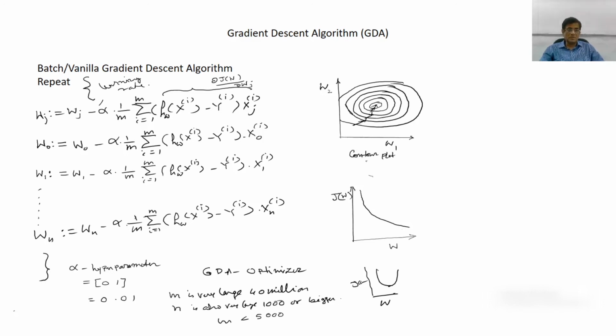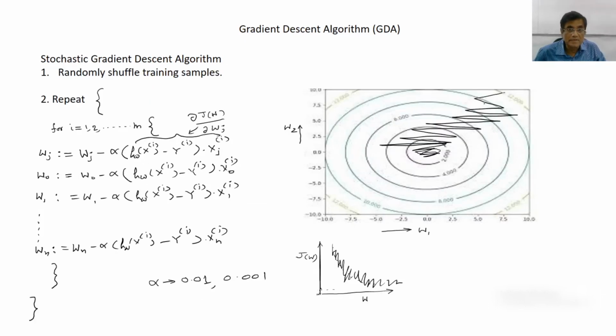In that scenario, you can go for the batch gradient descent algorithm, and if they are crossing the range of millions, then of course you need to go for the stochastic gradient descent algorithm.